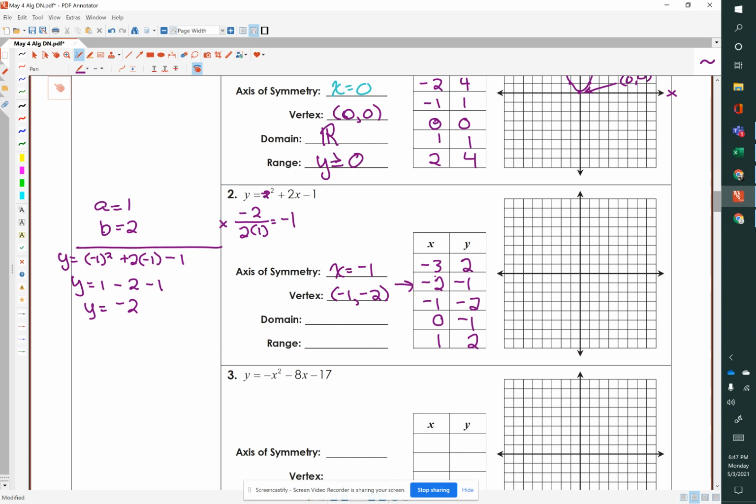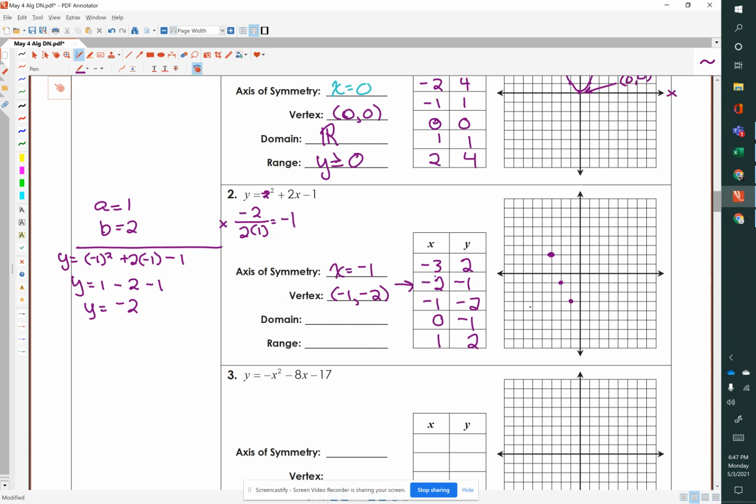So let's graph those points. We could start right here, (-3, 2), (-2, 1). Oh, that's (-2, -1). (-1, -2).